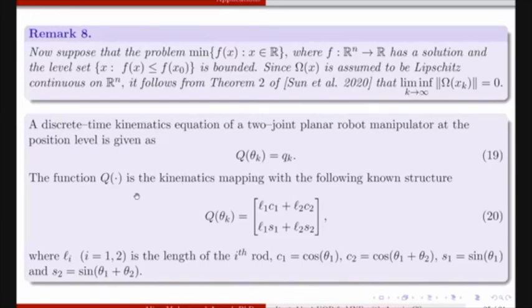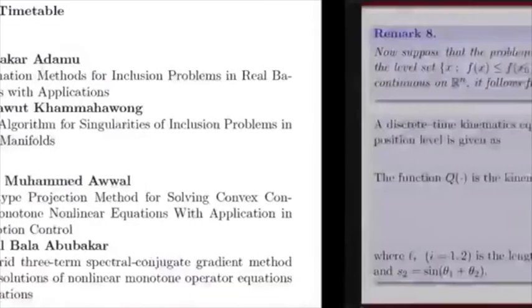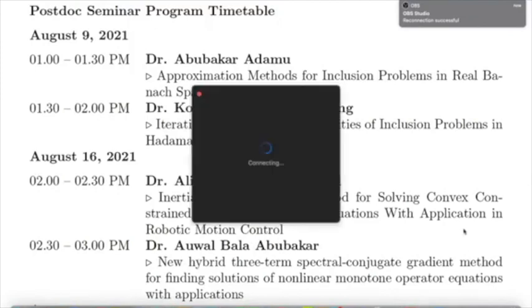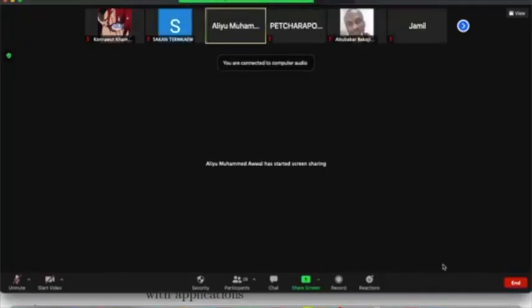After that, we now describe our experiment or the application. It goes as follows: a discrete-time kinematic equation for a robotic motion control experiment.